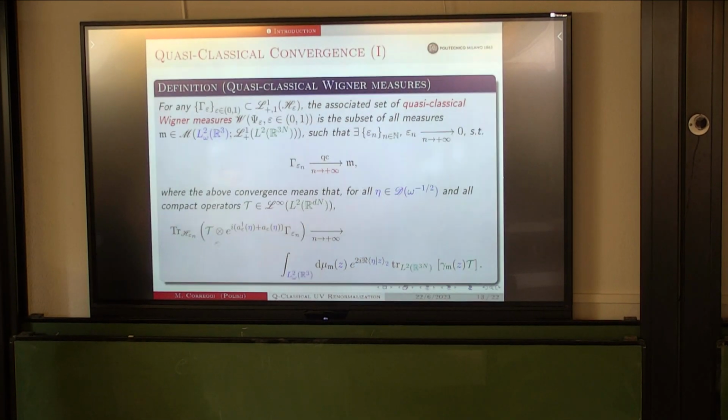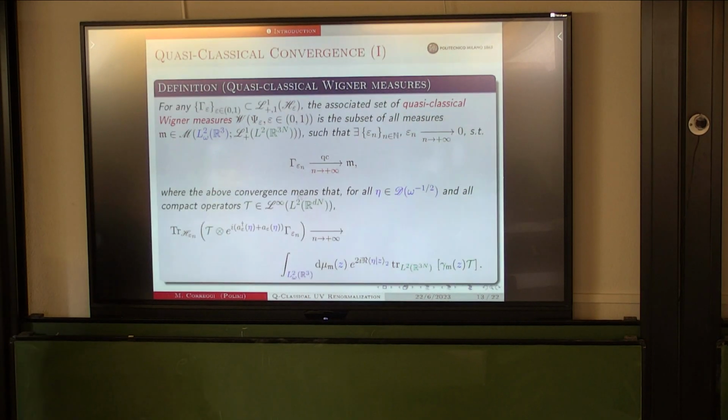So you evaluate the expectation over your sequence of the Weyl operator at a given point eta, which, well, forget about this, belongs to the one-particle phase space, to L2 over R3, if you like. Here you're requiring a little bit more, but it's not important. And then you tensorize with the compact operator for the particles.